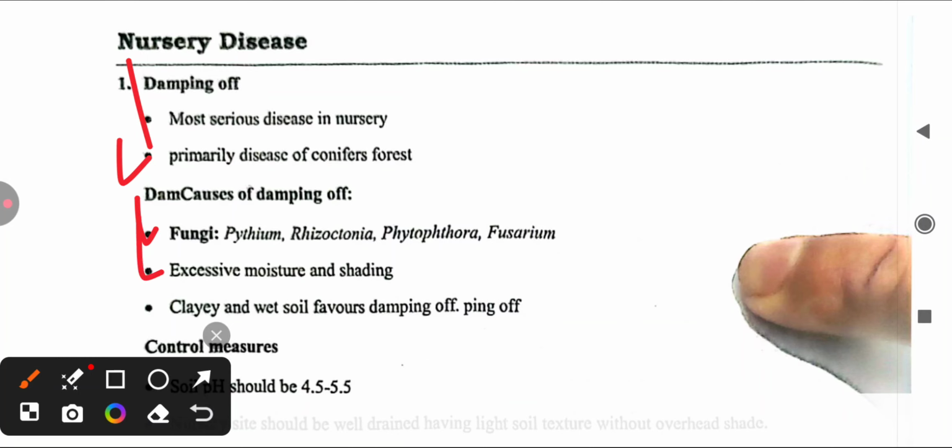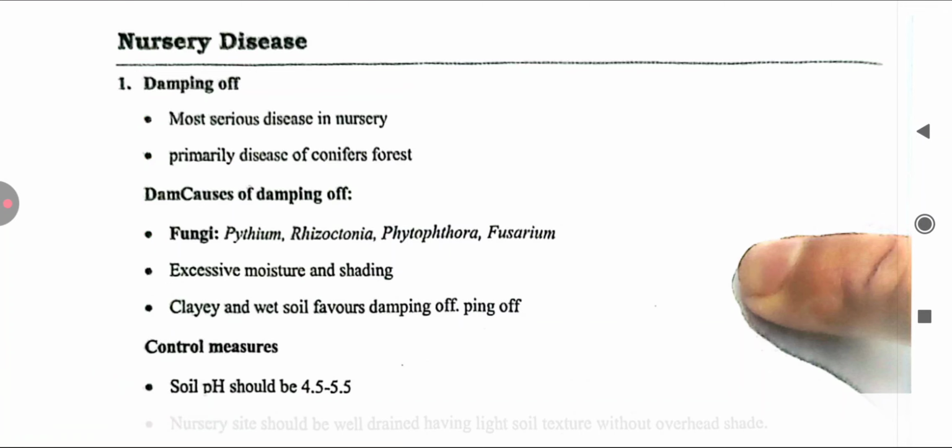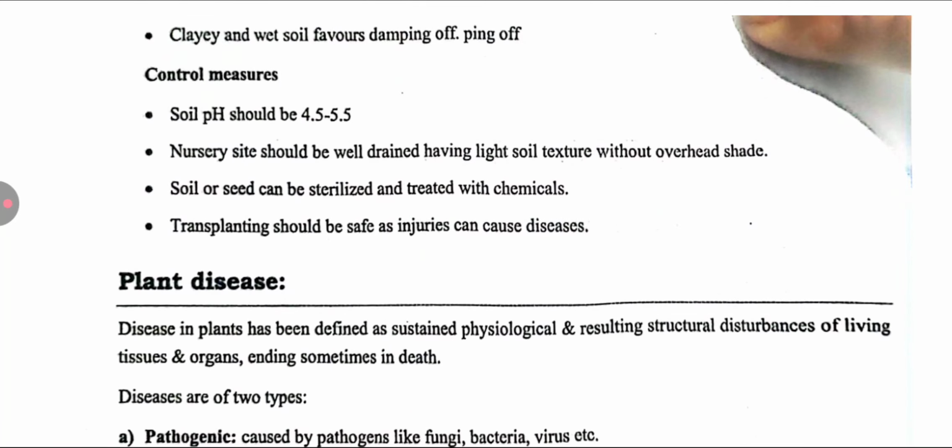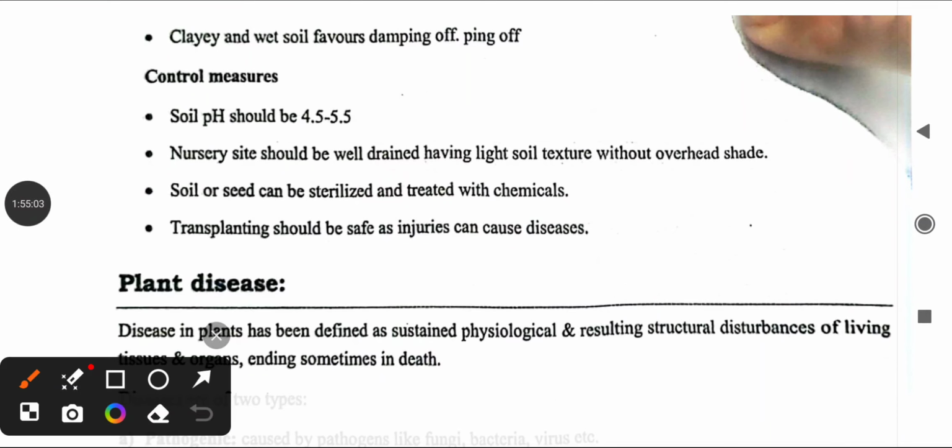Excessive moisture and shading, clay and wet soil favor damping off. Control measures: soil pH should be 4.5 to 5.5, and the nursery site should be well drained, having light soil texture without overhead shade. Soil or seed can be sterilized and treated with chemicals, and transplanting should be safe, as injuries can cause disease.